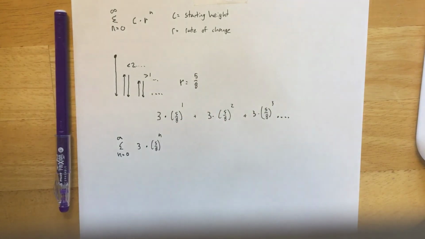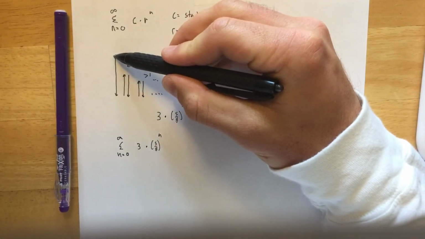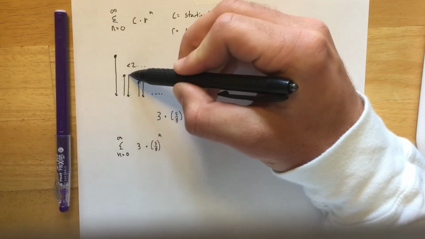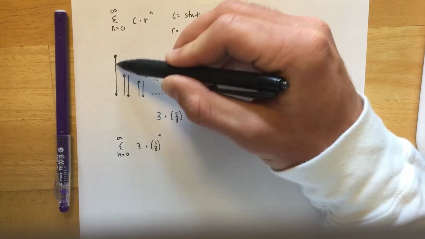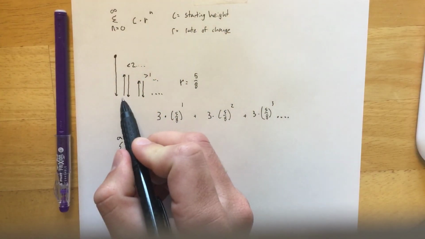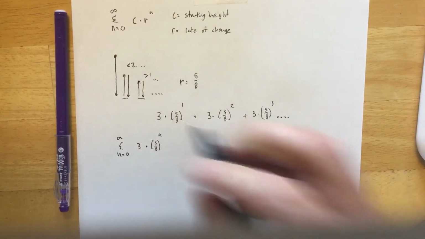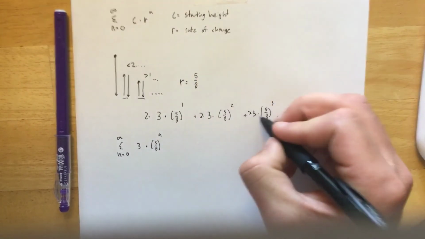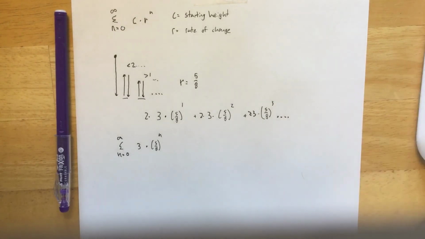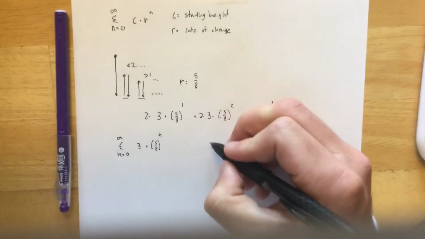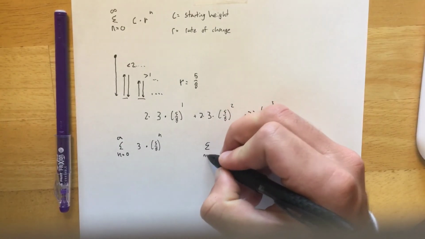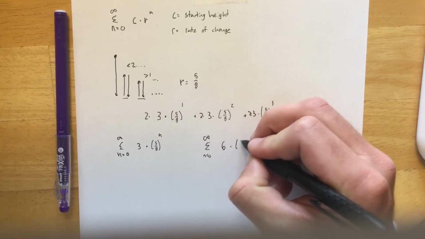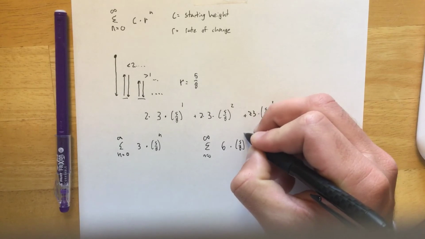But we also have to take into account that since this first drop only goes downward, the next time it goes up and then down that distance. So we have to account for these upward and downward, so we need to add 2 into all of these, which means that our equation to find the total distance traveled will be the sum of n equals 0 to infinity of 6 times 5/8 to the n.